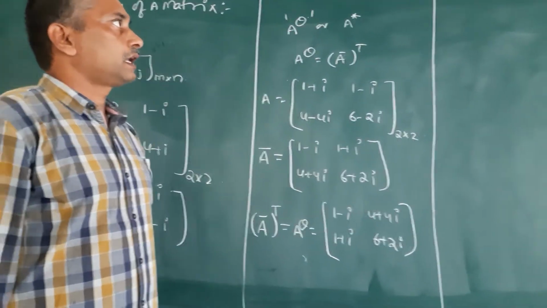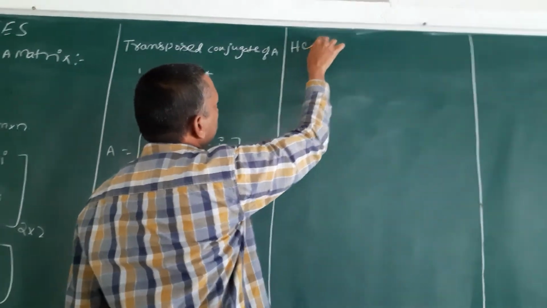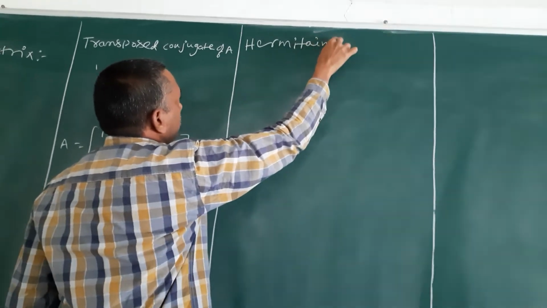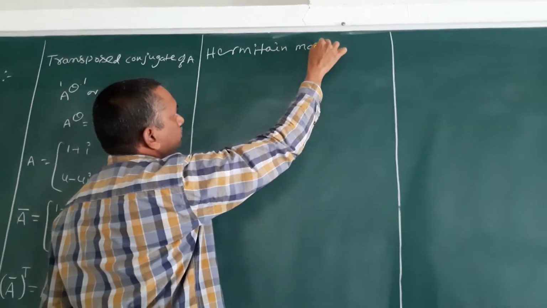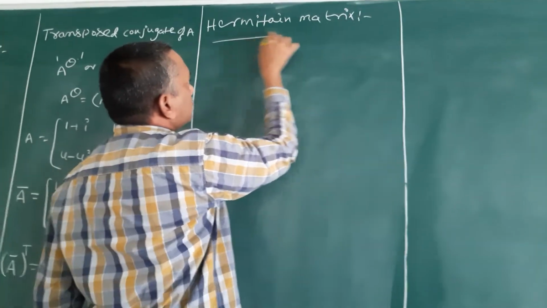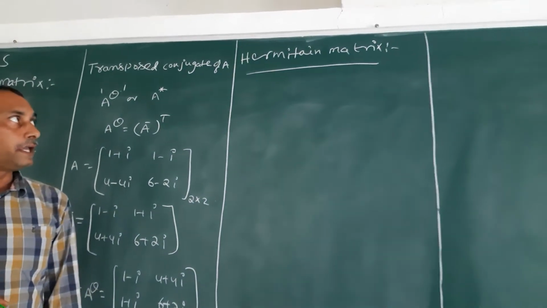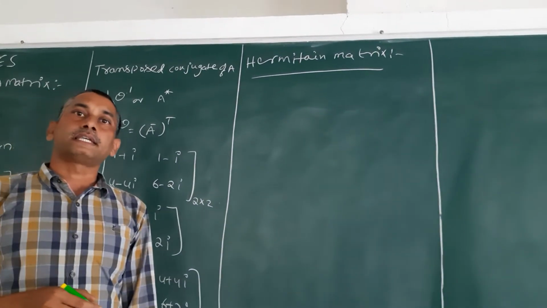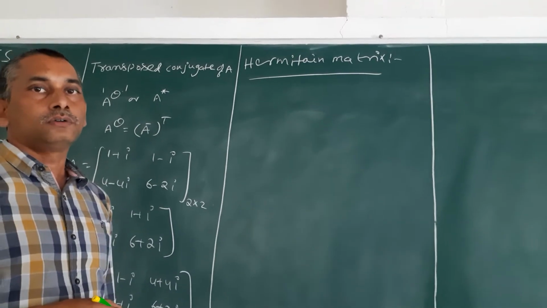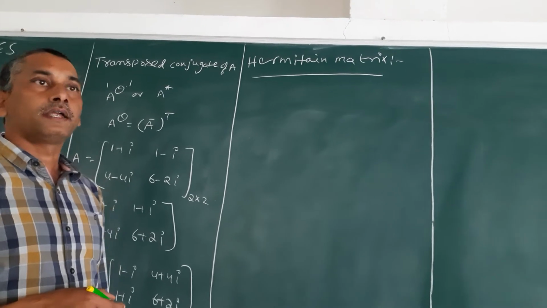Next, Hermitian matrix. What is a Hermitian matrix? A square matrix A equal to [a_ij] is said to be Hermitian if a_ij is equal to a_ji bar for every i and j.